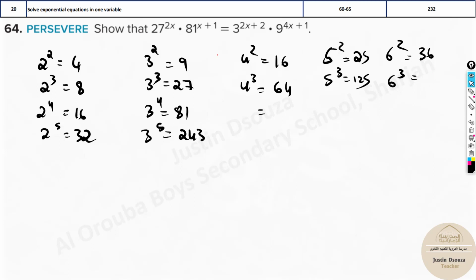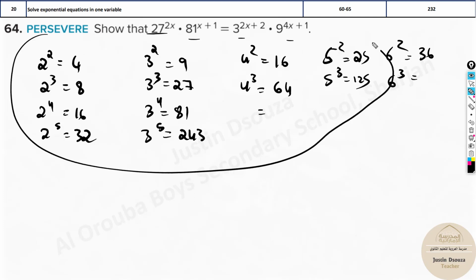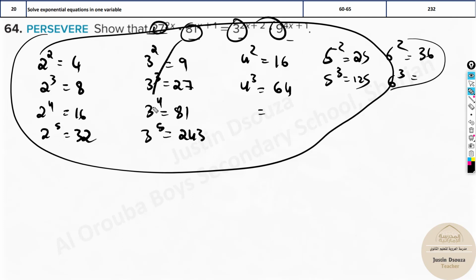Now why I'm telling you this is, look here. Whenever you see these numbers, they will always give you values within this range, not more than that. Now I know 27, 81, 3, 9 can all be written with the same base. This is the most important thing. If you know this much, then you can reduce all of them to the same base, okay.